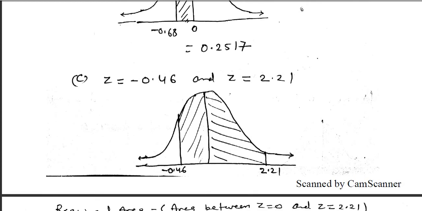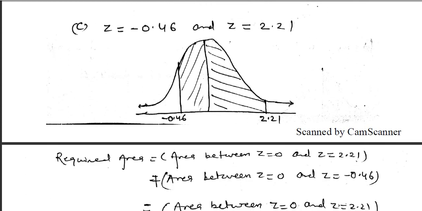Now the third example. Here we have to calculate the area between z is equal to minus 0.46 and z is equal to 2.2. Now look at the figure.